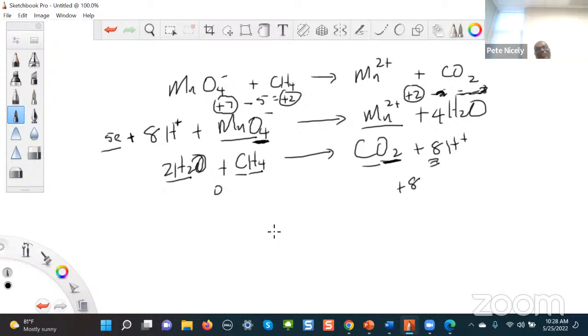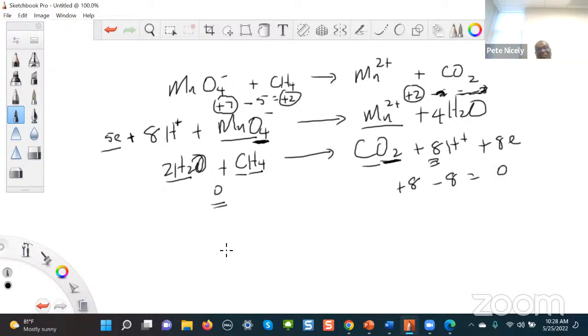Okay, so again, the question is, to which side would you add electrons and how many? You would add 8 to the right? Exactly. Because by adding 8 electrons, you reduce the total net charge on the right side to 0, which balances with the 0 on this side.